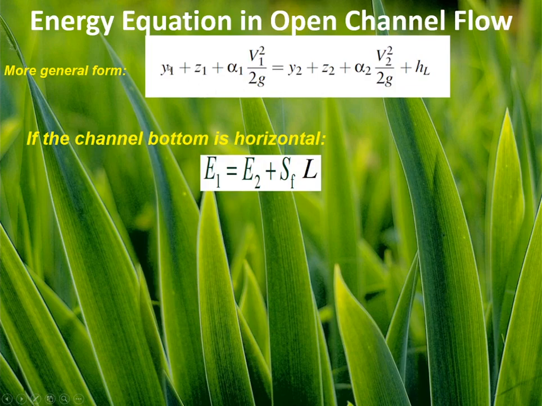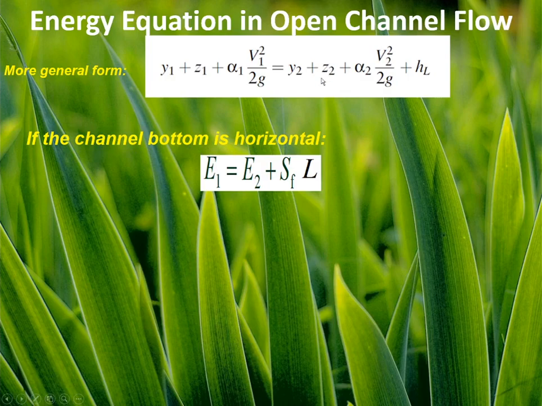We know that y1 plus v1 square over 2g is called specific energy. Assume that alpha is 1 for turbulent flow. This is correct, and also for uniform flow, alpha would be 1. If the channel bottom is horizontal, what will happen?